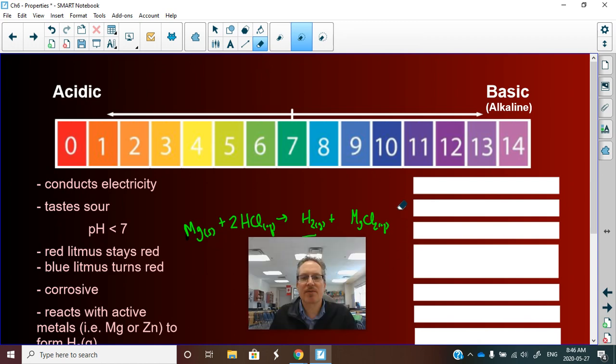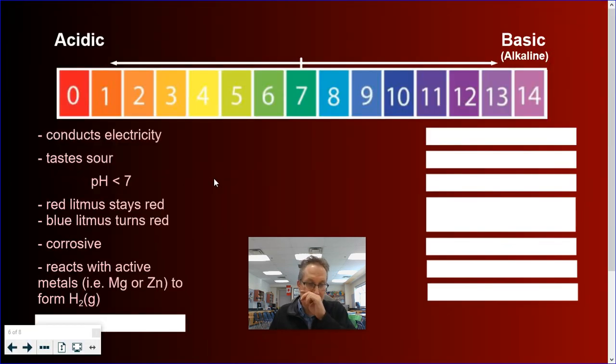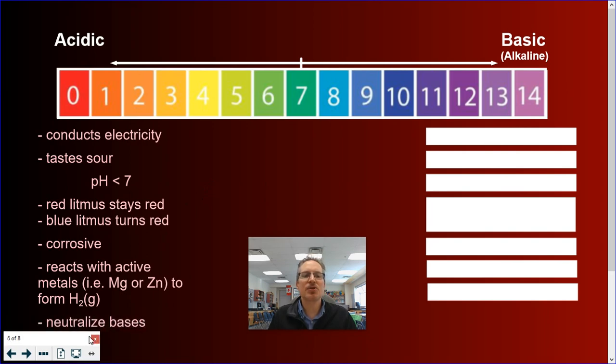Let's actually get rid of that so it's not in our way anymore. Okay, and the last property of an acid is that acids neutralize bases. So Miss Countryman, when she handles our waste after the end of a lab, will test our waste products with litmus paper.